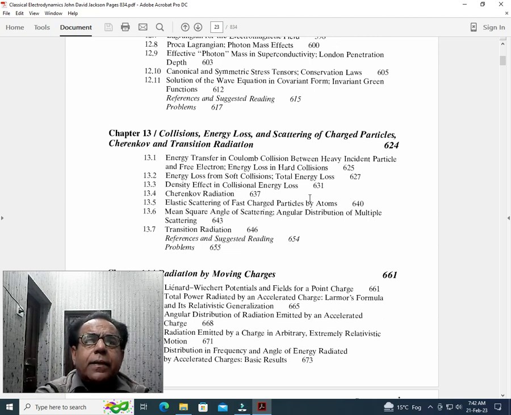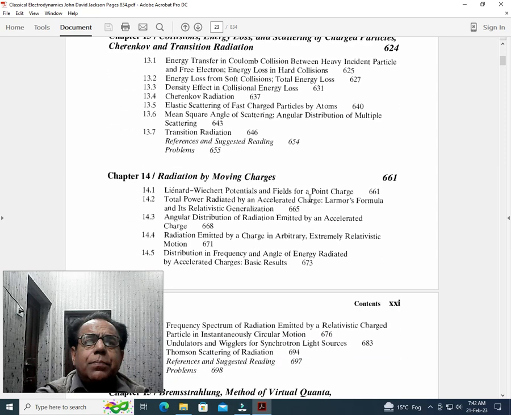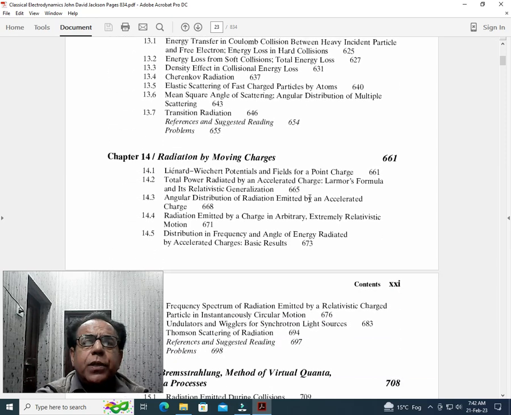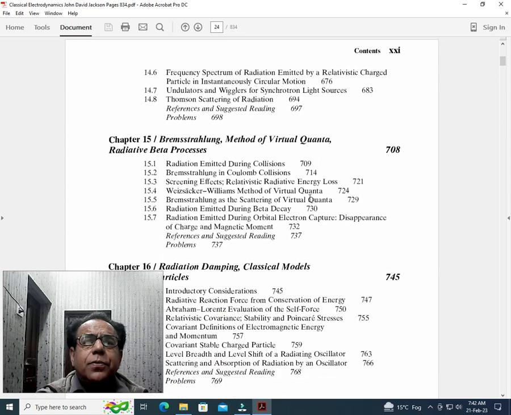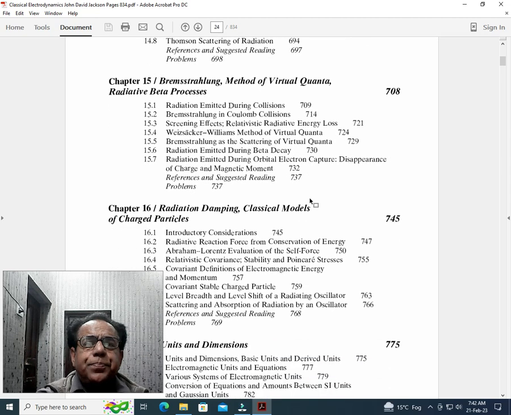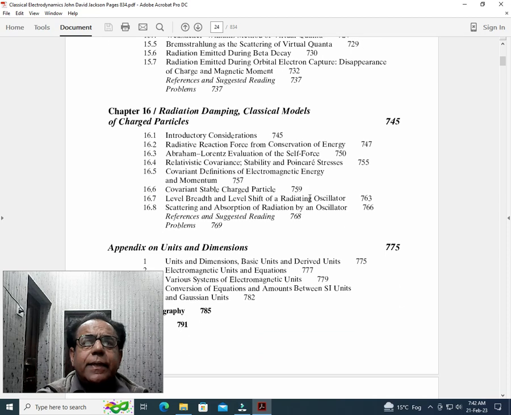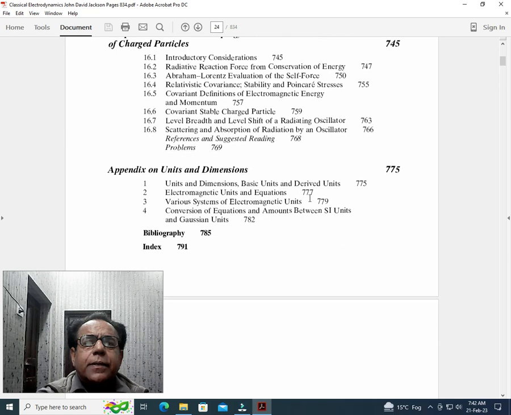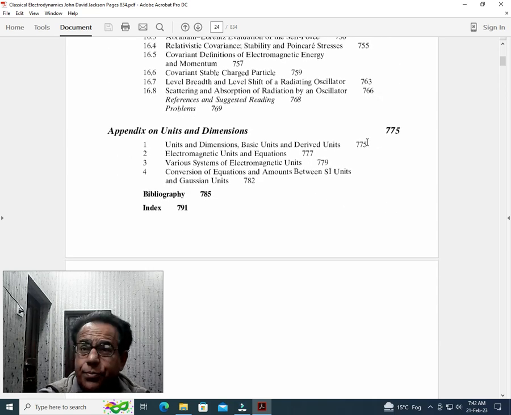Cherenkov and Transition Radiations. Chapter number 14, Radiation by Moving Charges. Chapter number 15, Bremsstrahlung, method of virtual quanta, radiative beta process. Chapter number 16, radiation damping, classical models of charged particles, then appendices and the index is given at page number 791.